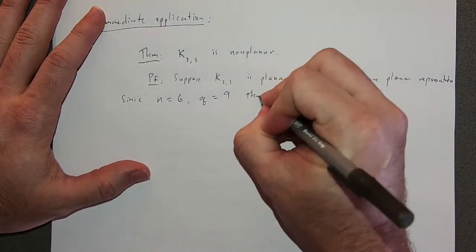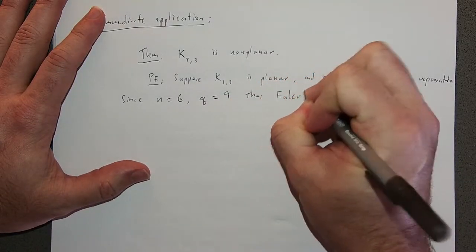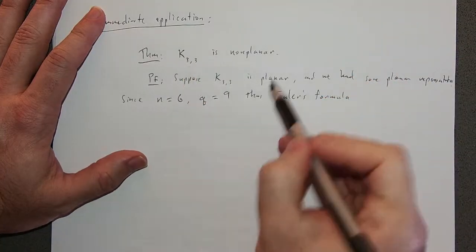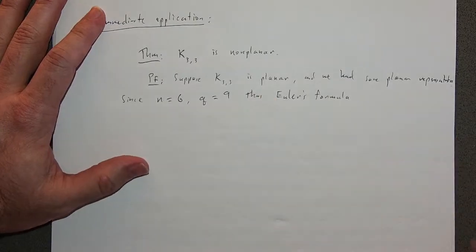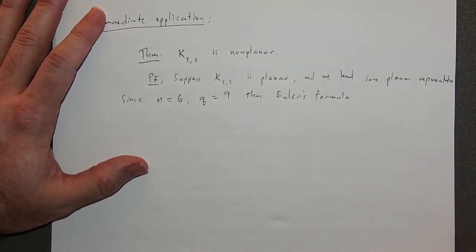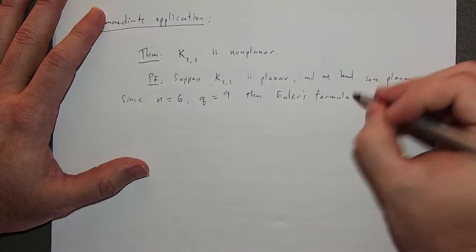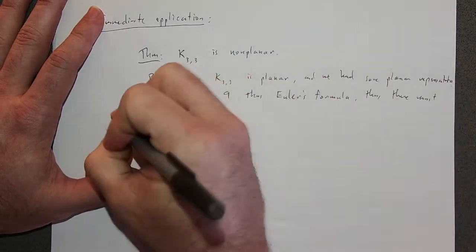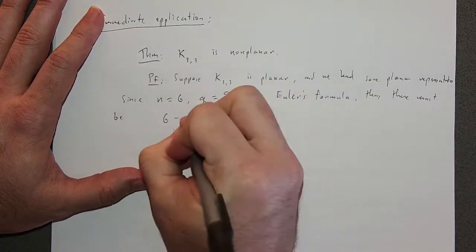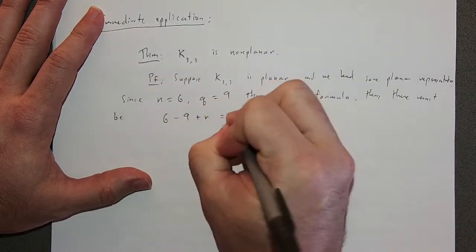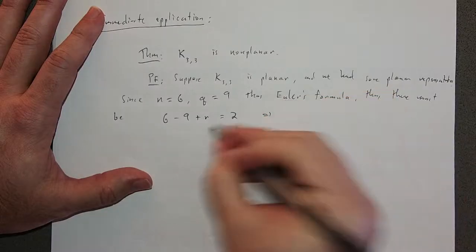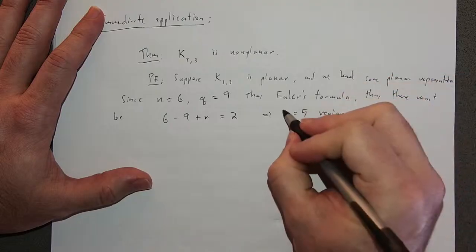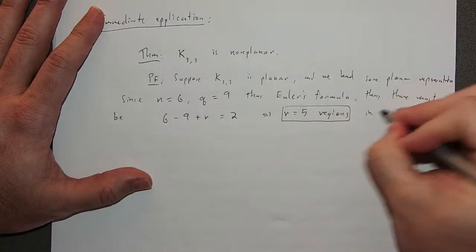Then Euler's formula, which must apply to a connected, which K33 is, planar graph, which is what we're assuming, applies in this case, and so if 6 minus 9 plus r is equal to 2, this implies that r must be 5. So there must be 5 regions in this planar representation.